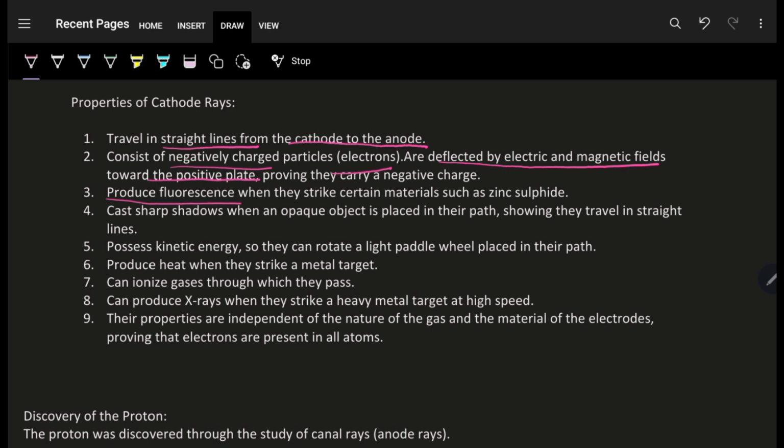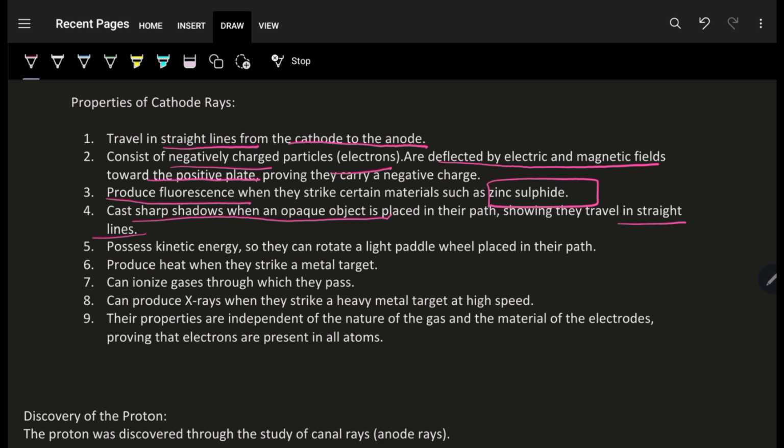They produce fluorescence when they strike certain materials such as zinc sulfide. जिंक सल्फाइड के ऊपर अगर स्ट्राइक करें तो it gets lighten up, that shows fluorescent properties. They cast sharp shadows when an opaque object is placed in their path, showing that they travel in a straight line. So this is an evidence that they travel in a straight line.